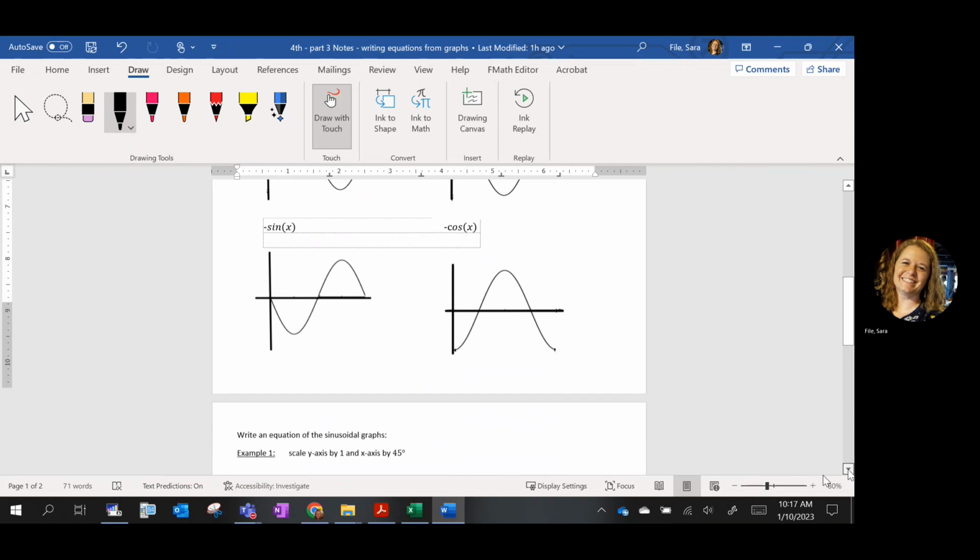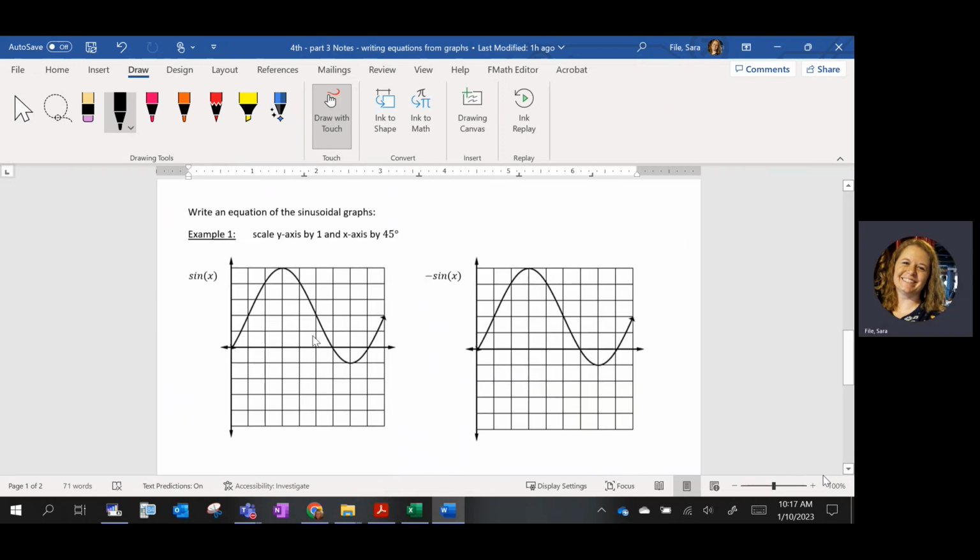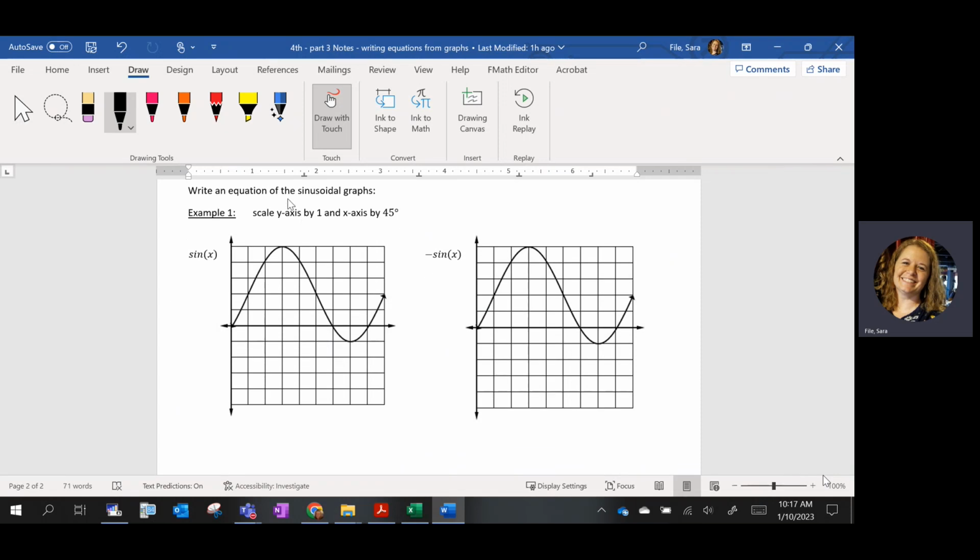So in this first one, it says that the y-axis is scaled by ones and that the x-axis is scaled by 45 degrees. So this one's going to be in degrees, not radians. And we're going to practice writing the equation in two different ways: in terms of positive sine and in terms of negative sine.